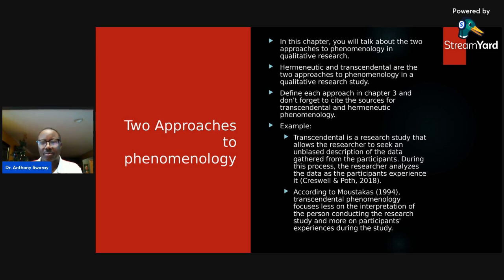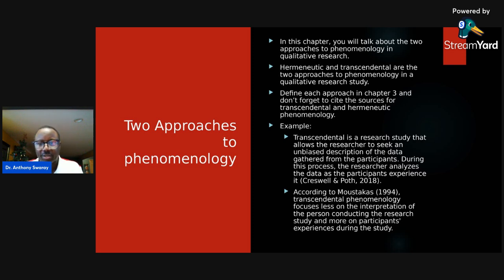Transcendental study gives you an unbiased description of the participants. During this process, the researcher analyzes the data as the participants experience it, according to Creswell. Then you can also bring in another reference and say, maybe according to Moustakas, or another reference that you found, but this one helps a lot.